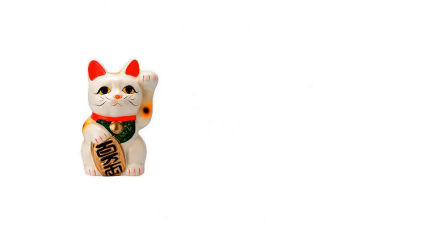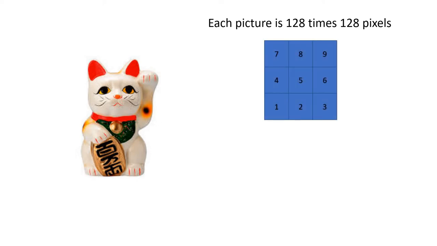And what I want to do then is to take the pictures. In this example, every picture is quite low resolution. It's 128 by 128 pixels. And what I want to do is to linearize that picture. What do I mean by that? Let's concentrate on this very simple 3x3 image. What I want to do is to create a vector of numbers based on that image.